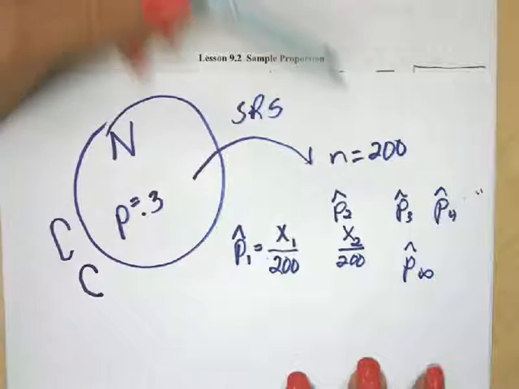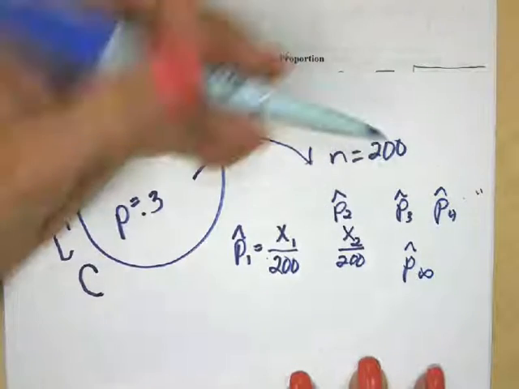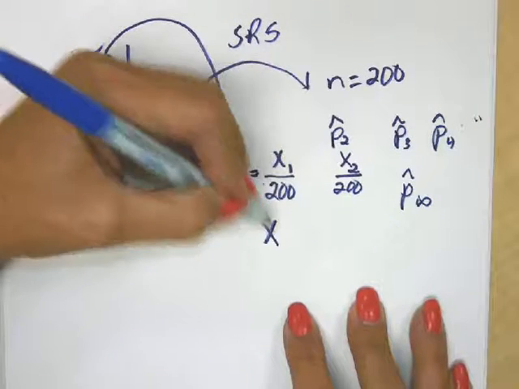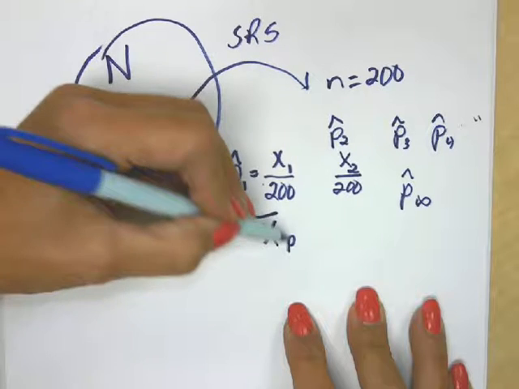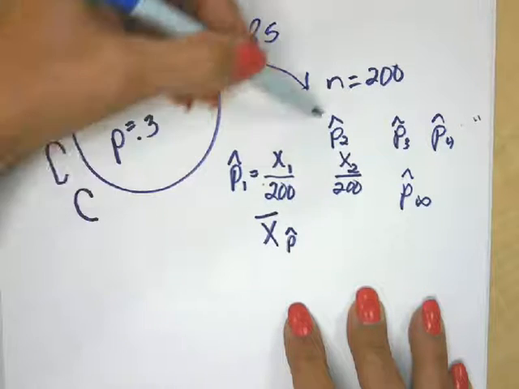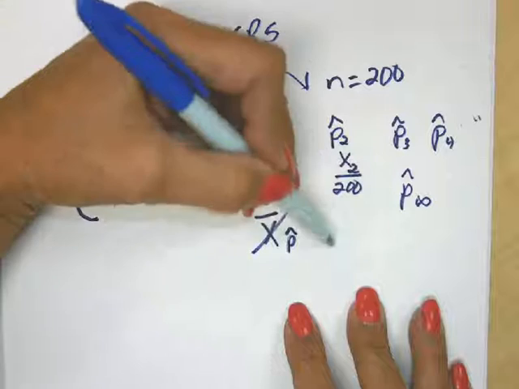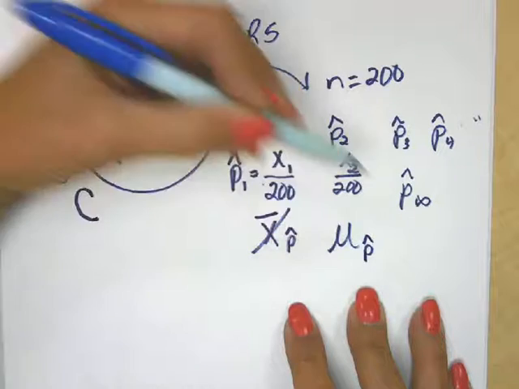Then we take these p-hats and find the mean of all those p-hats. If we have all the possible ones, this actually becomes a population mean of the p-hats.